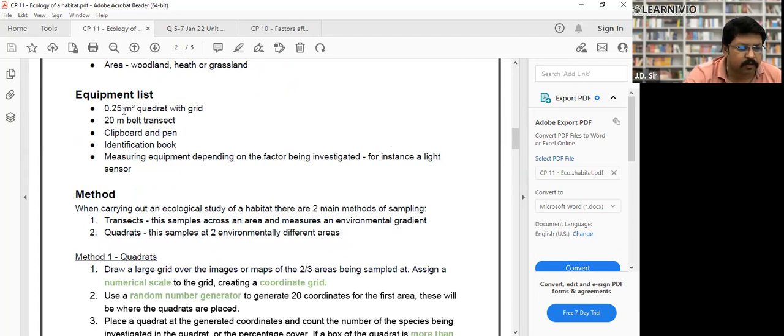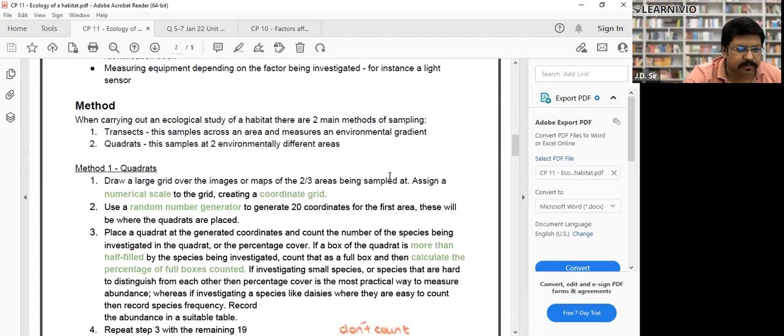Equipment: 0.25 meter quadrat grid, 20-meter belt transect, clipboard and pen, identification book, measuring equipment depending on the factor. When carrying out the ecological study of a habitat, there are two main methods of sampling: transect and quadrat.